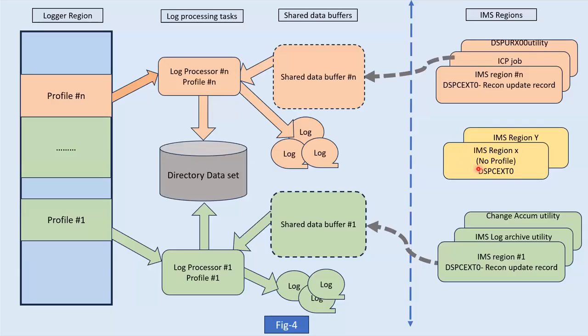We'll look in the logger region to see if there is a profile that matches the recon that's used in IMS region X or Y. If we don't find a profile, then we'll disable the exit and return back to DBRC. And when you disable the exit, you don't get called again for that IMS. So this is the overall flow of how the whole thing hangs together.